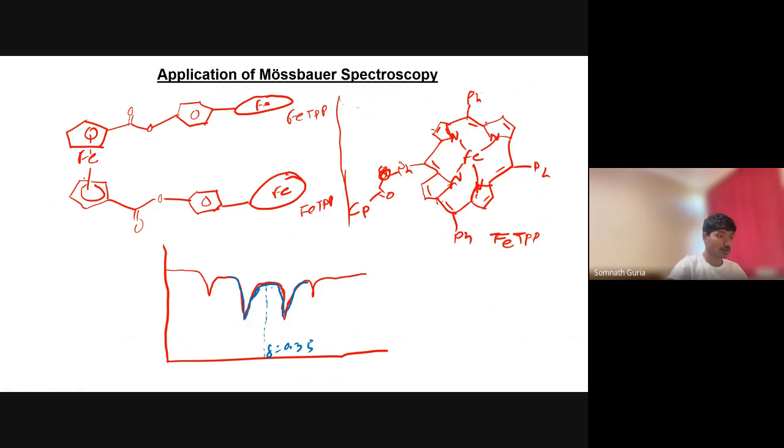Now for the other delta value, you can write it in red color. Another delta value is over here, and this delta value is 0.44.